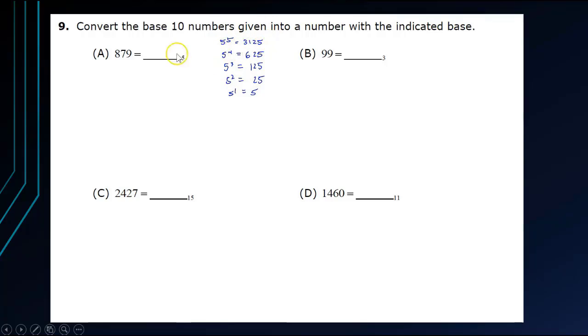I'm not going to have any of those involved with 879, so that one's gone. And so I carry through the divisions. 879 divided by 625 goes in once with a remainder of 254. I take that 254 and divide it by the 5 cubed, or 125, and that goes in twice with a remainder of 4.